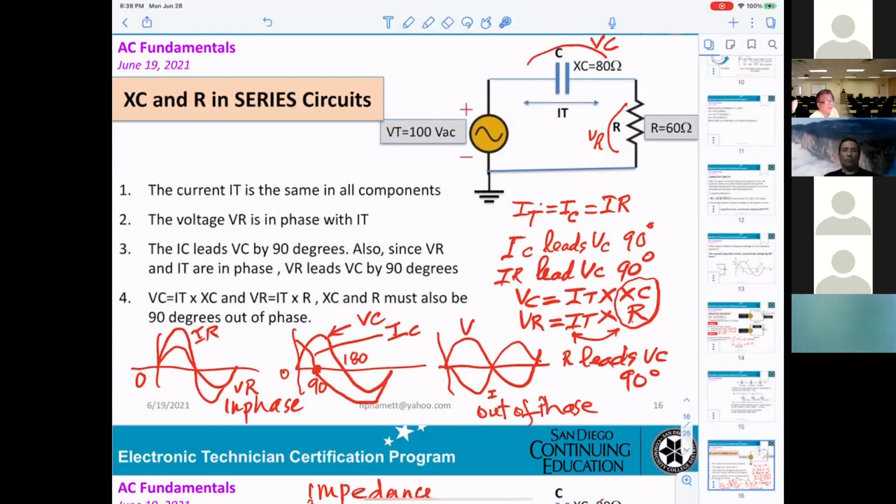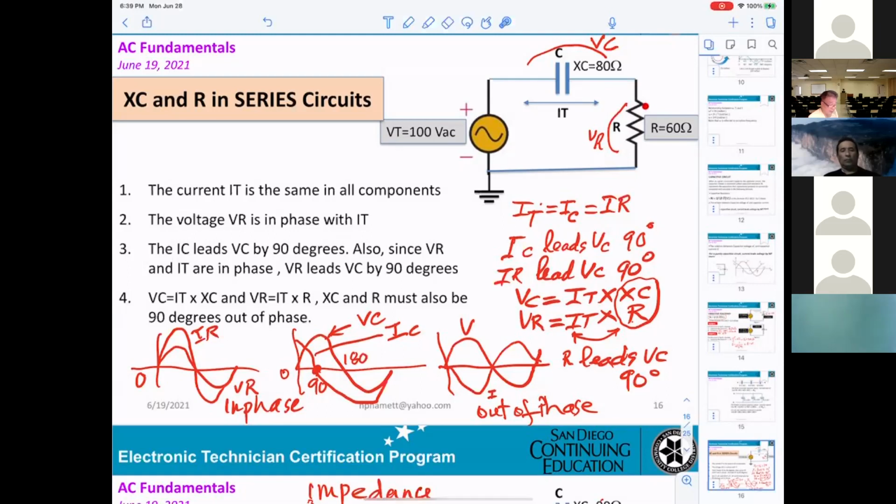Why? Because it's AC. You cannot tell which side will be positive and which will be negative. They vary. So the current is the same thing, total current, or IC current, or IR current. That's only one current.